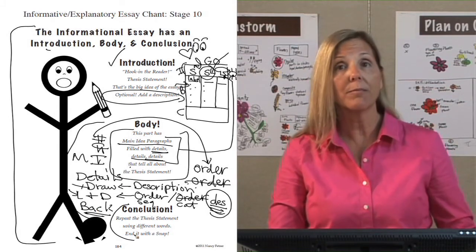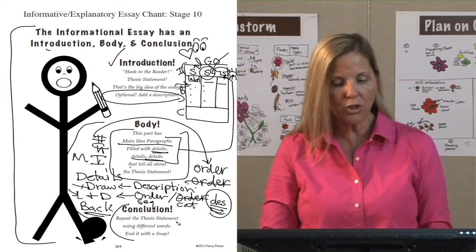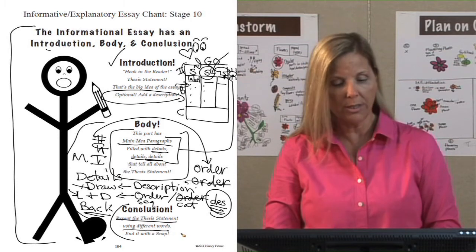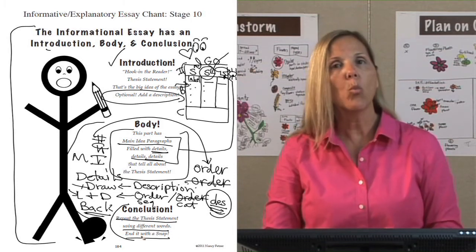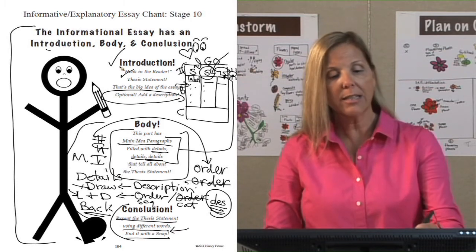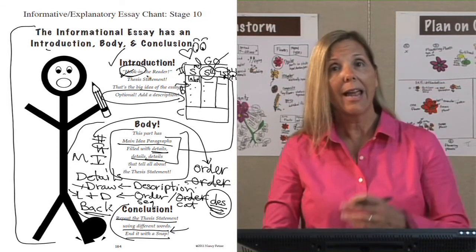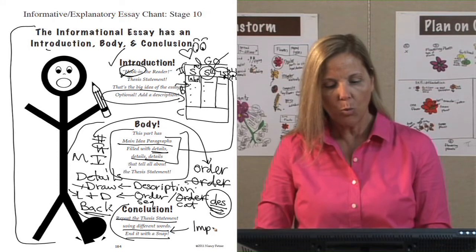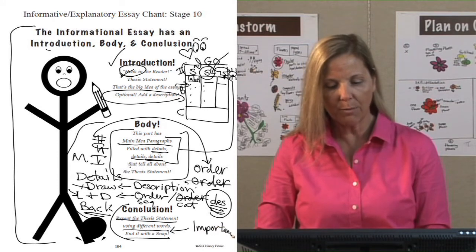Our conclusion. And that conclusion is going to repeat the thesis statement, but of course, using different words, and end with a snap. And what is the snap? We want to connect the snap back to the hook, have that style, but also leave our reader with the importance of this information.